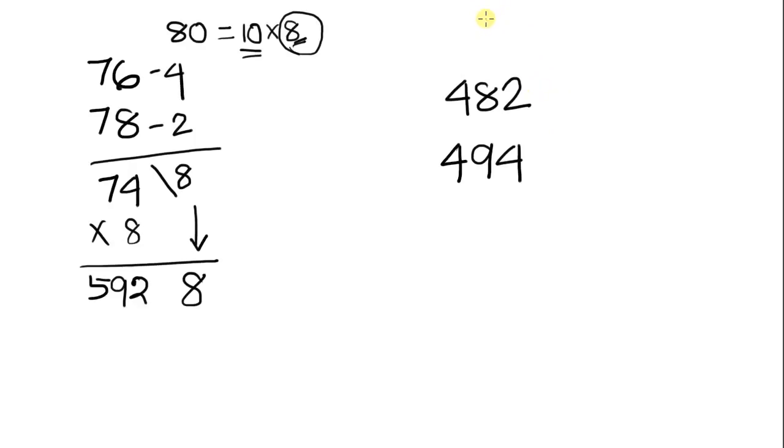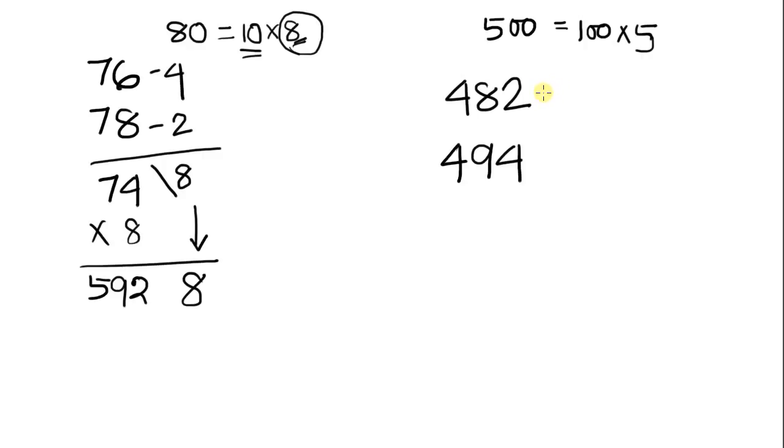But if I take my base as 500, I will get smaller numbers. 500 I can write as 100 into 5. In this case my working base is 500, so the difference will be taken from 500, but the reference base is 100, which means I can keep 2 digits on my right-hand side.